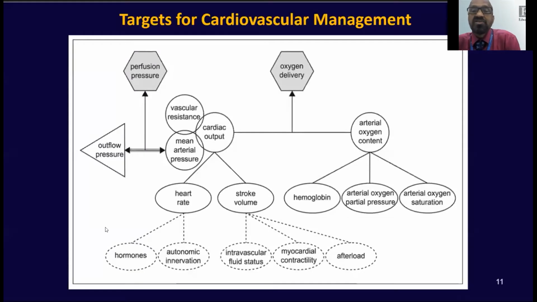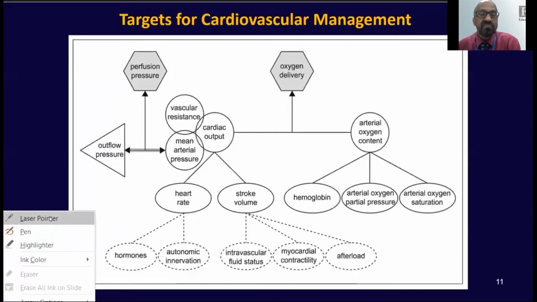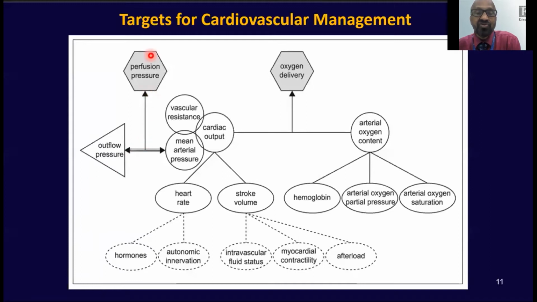Coming to the targets for cardiovascular management, there are two principal targets. We need to maintain the perfusion pressure, which ensures adequate blood flow to a particular organ, and we need to maintain oxygen delivery. These two are the basic requirements for the health of any particular organ and of the individual.